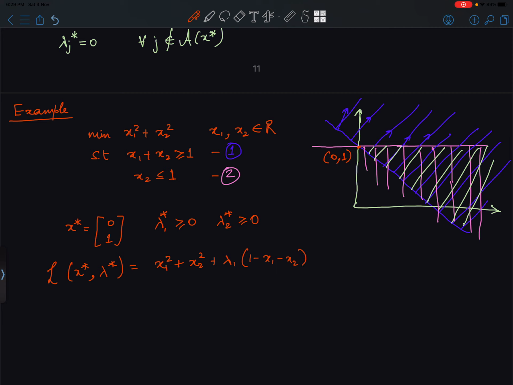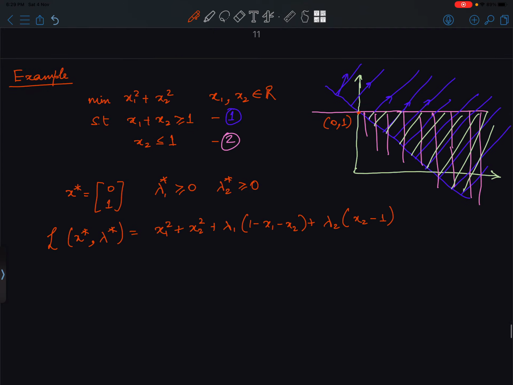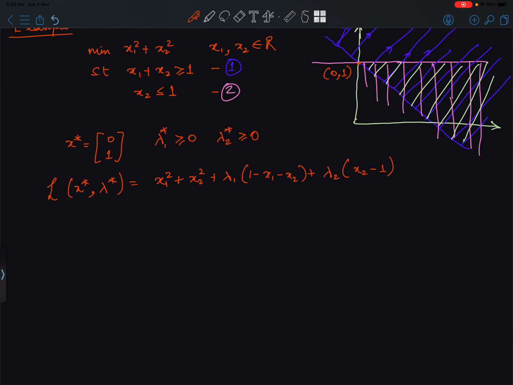And the second constraint, taking 1 to the other side of the inequality, becomes x2 minus 1. So this is my Lagrangian.